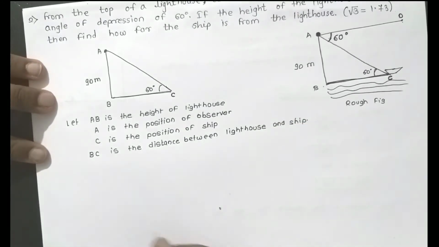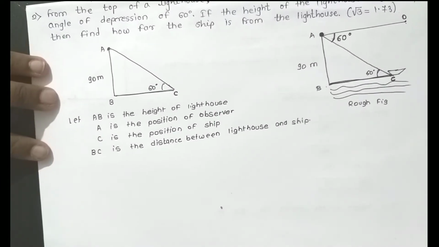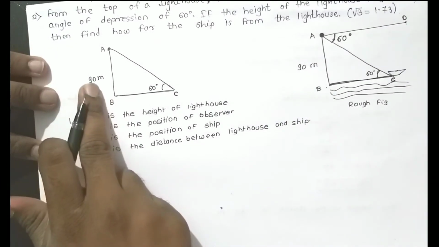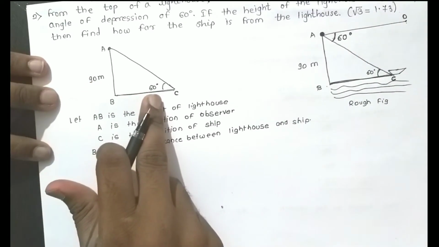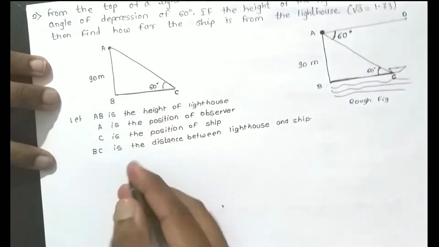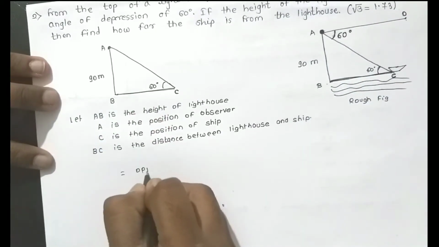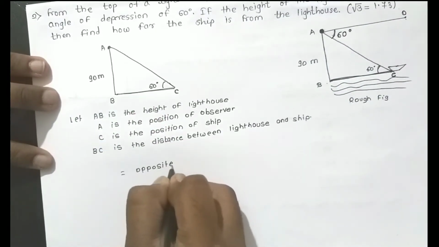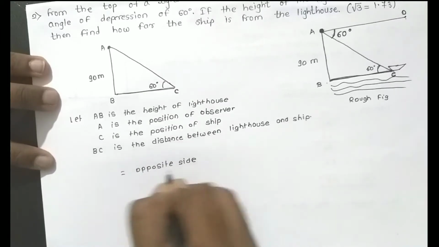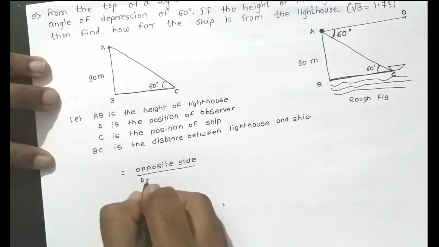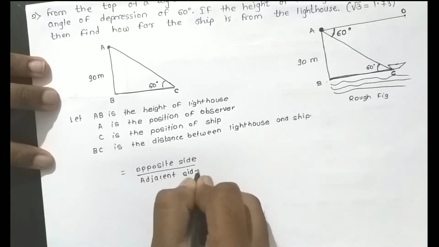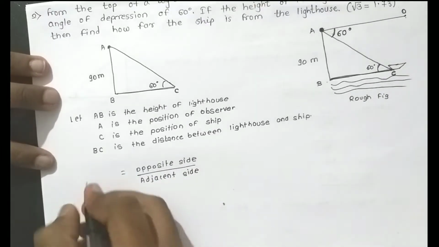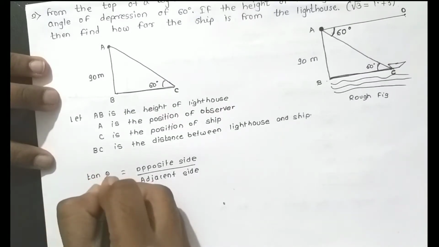Then we solve the same example. Opposite side is known and adjacent side is unknown. We have to find the adjacent side. So write opposite side upon adjacent side. Opposite upon adjacent is equal to tan theta.